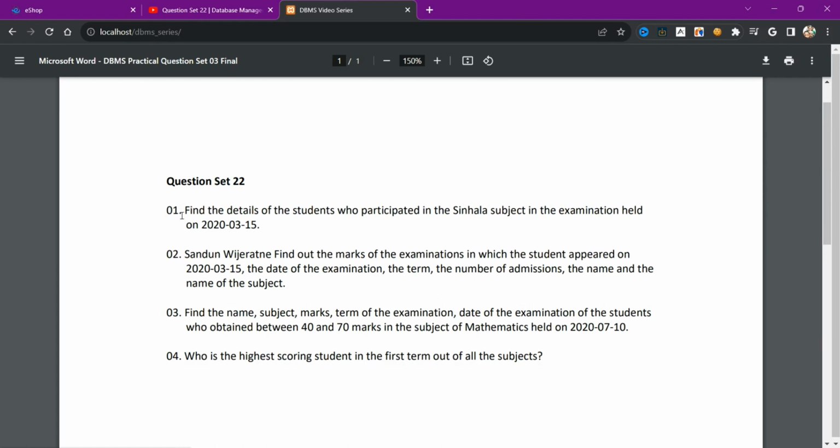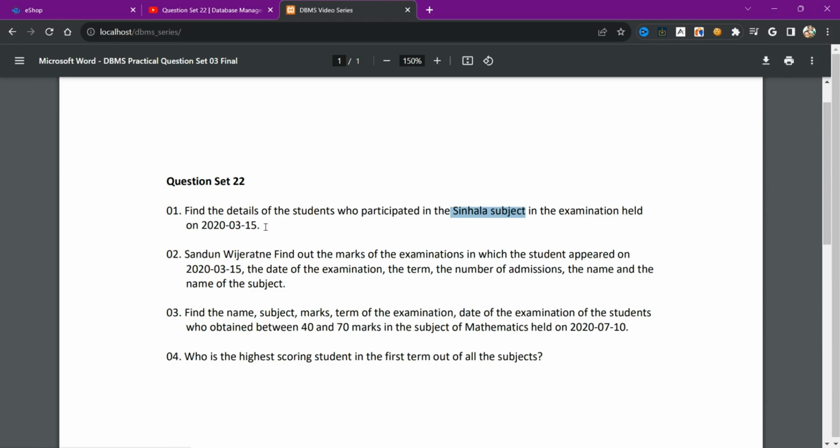When we look at the first question, find the details of the students who participated in the Sinhala subject in the examination held on 2020 March 15. According to this question, they have told us to find the details of the students who participated in the Sinhala subject, and they have given the date of the examination, but they haven't given the term.